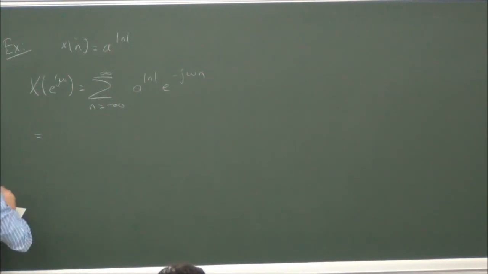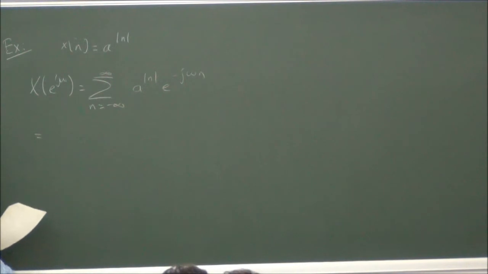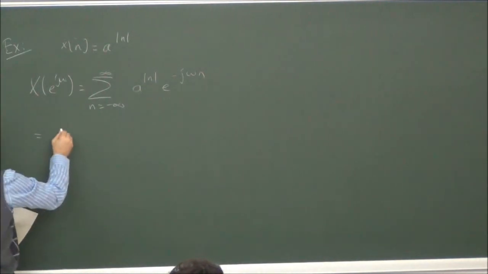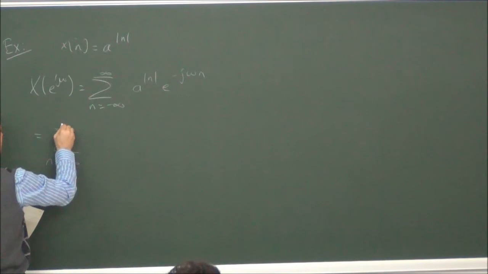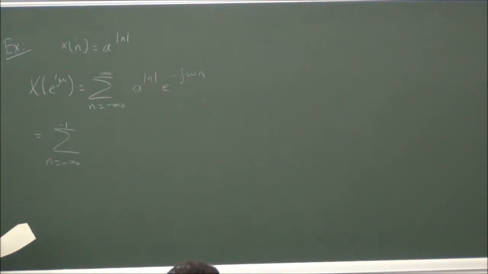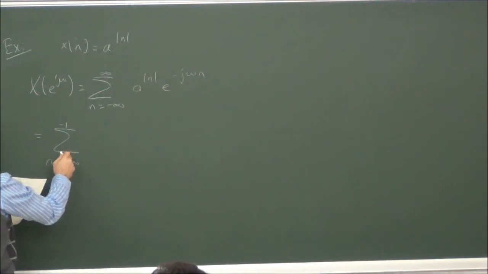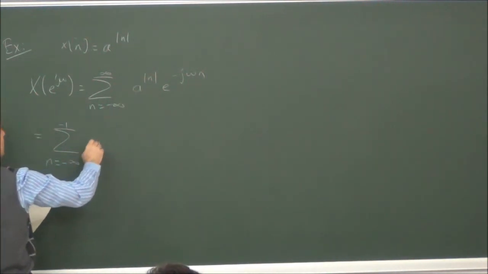And that is equal to, the n in the exponents can be expressed in common, but since it's a magnitude or absolute value of n, we have to think of the sum from minus infinity to minus 1, the negative case, separately. And over there, what is the magnitude or absolute value of n?